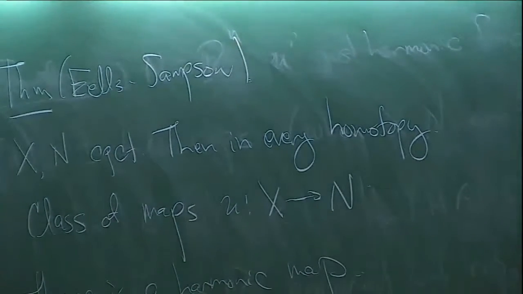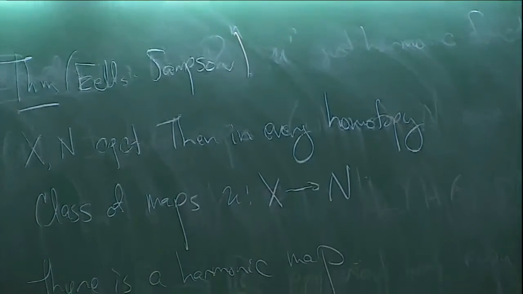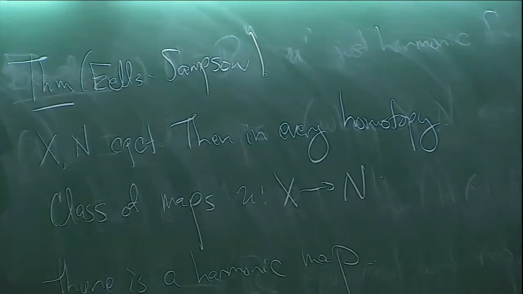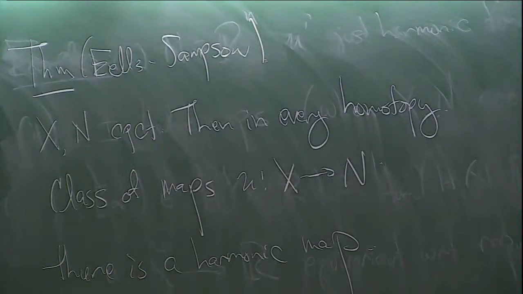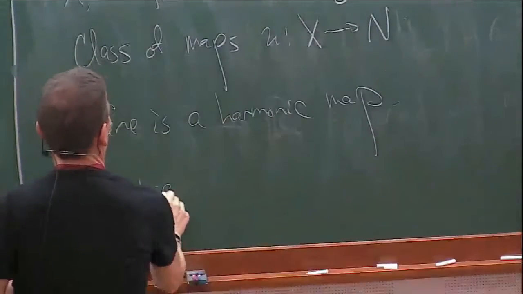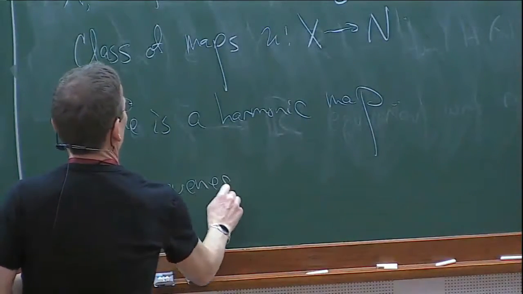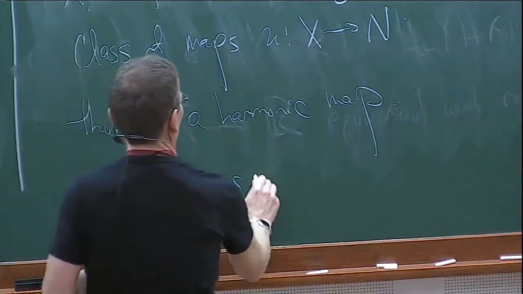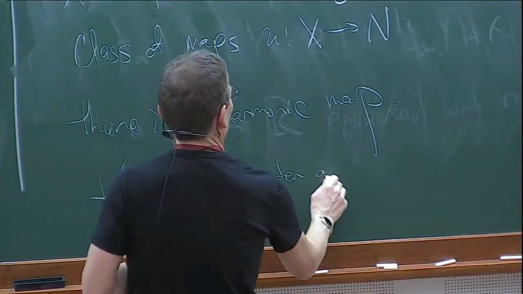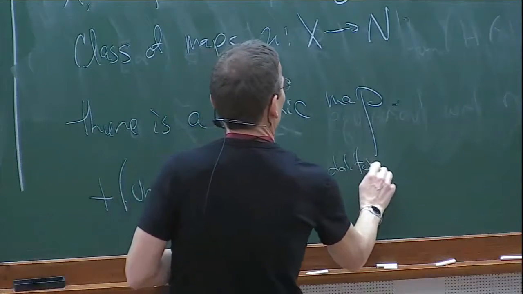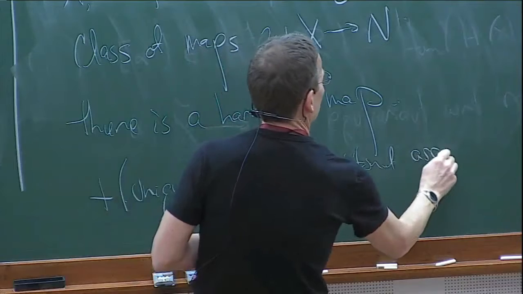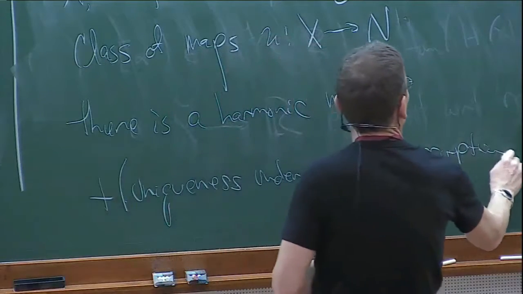And the map is essentially unique. One can be precise about when it's not unique and exactly how it's not unique. In particular, if N has strictly negative sectional curvature, then the map is unique, plus some uniqueness under additional assumptions. So there exist harmonic maps.